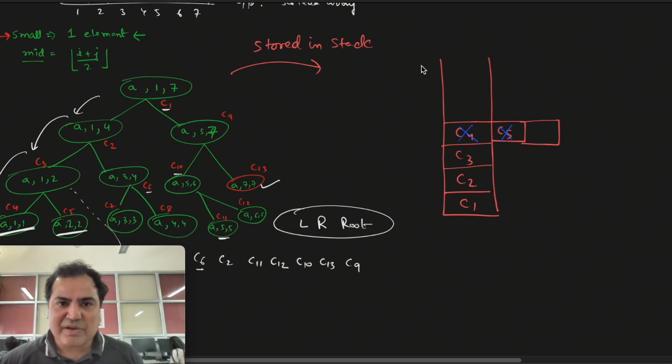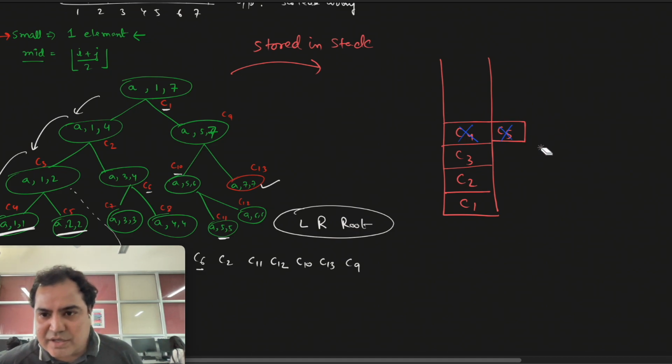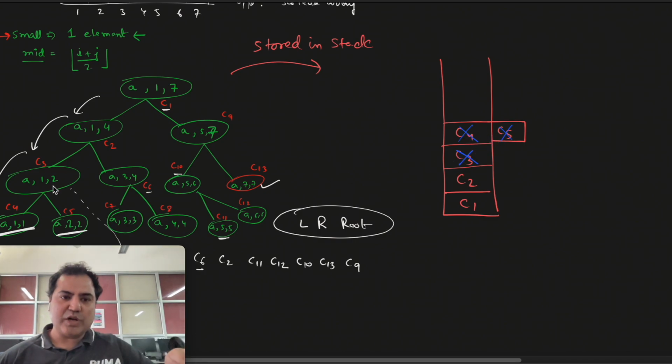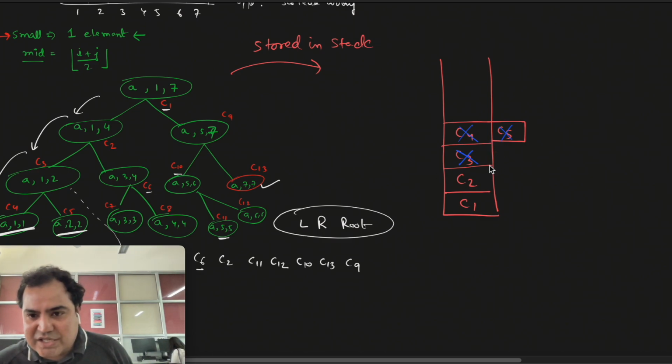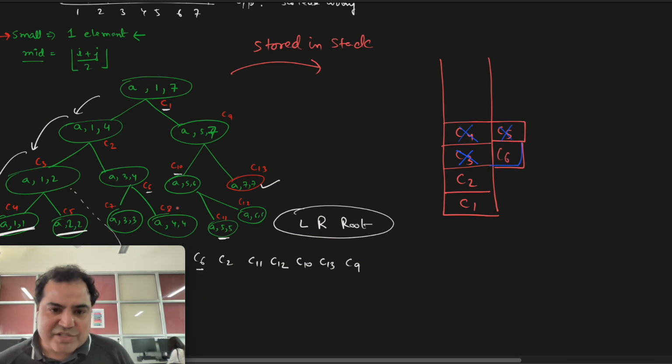Then what will happen? It will remove C3 also out of the stack, because both children have been evaluated, and then the root also got evaluated. Now that C3 is out, C2 is looking for its other child to get evaluated first. Then C6 will go inside the stack, and C6 is dependent on C7.